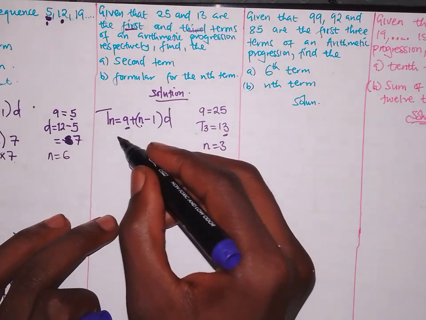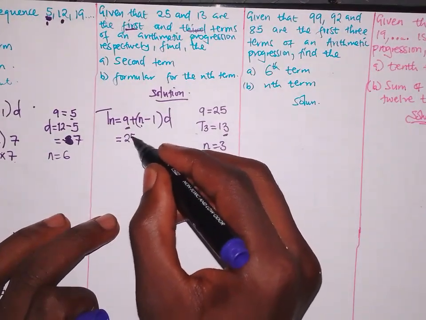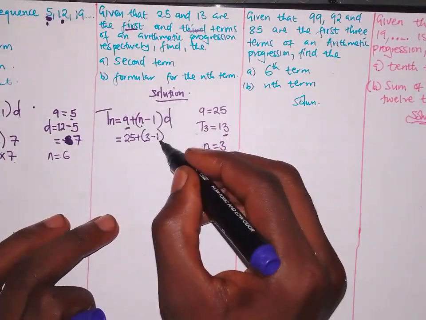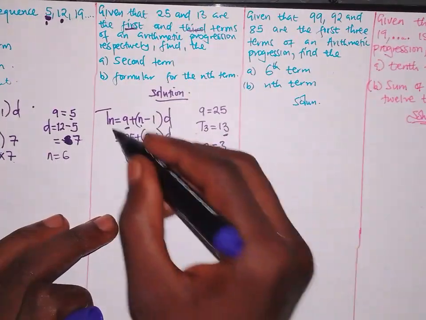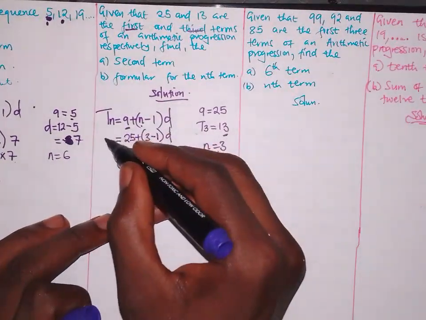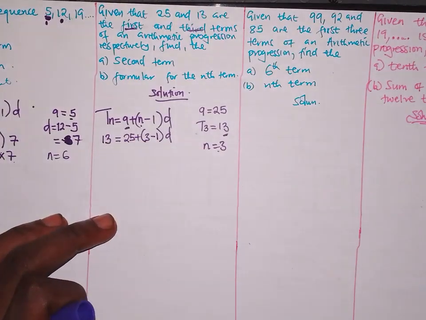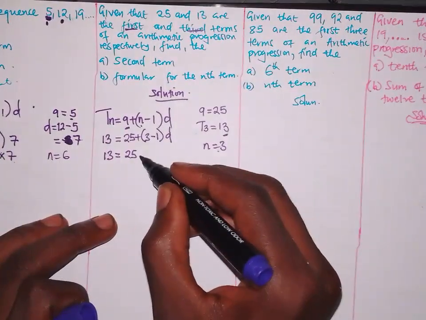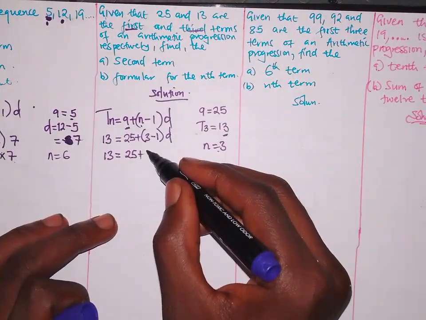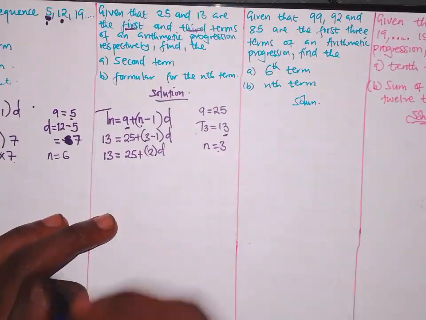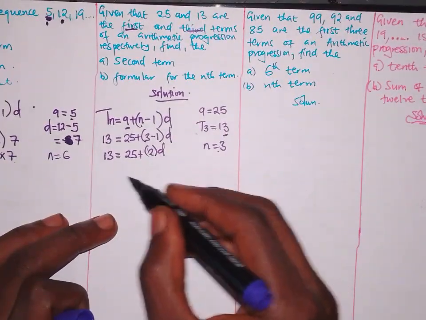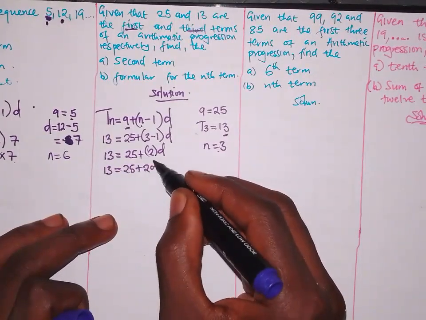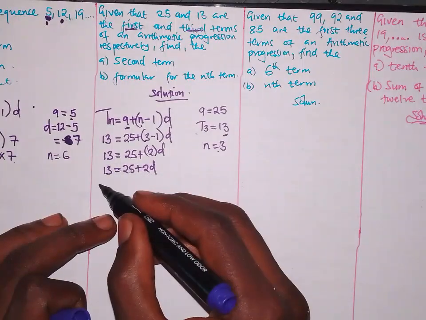So we say our first term is 25 plus n is 3 minus 1, then d we don't know, and the third term we have is 13. So you say 13 is equal to 25 plus 3 minus 1, we have 2, then d. Then we multiply 2 times d: 13 equals 25 plus 2d. Then 25 crosses the equal sign.